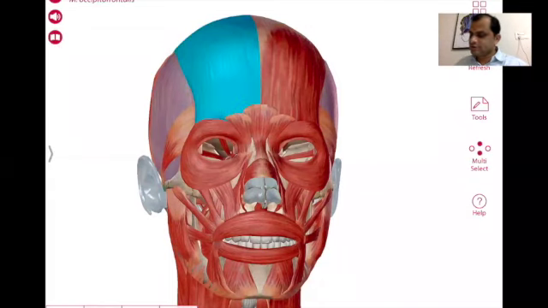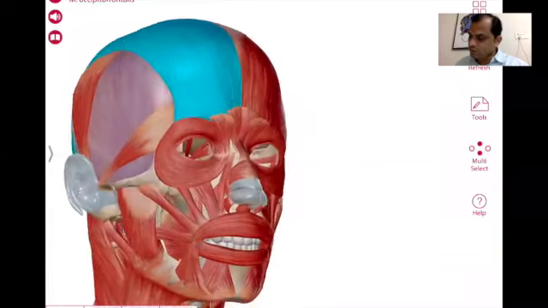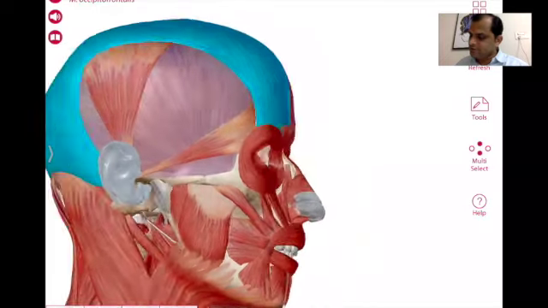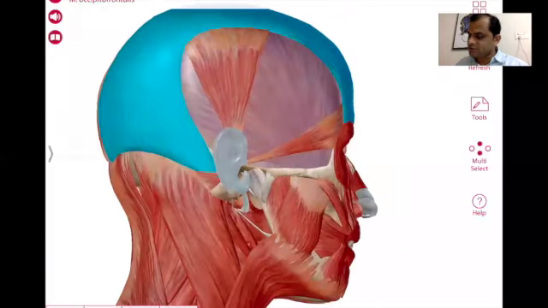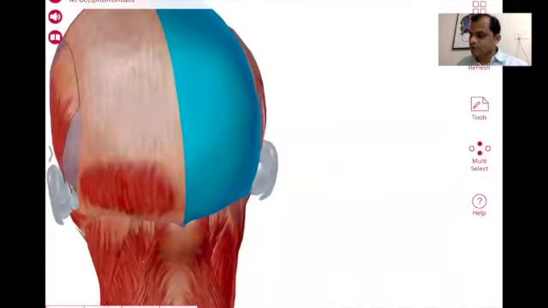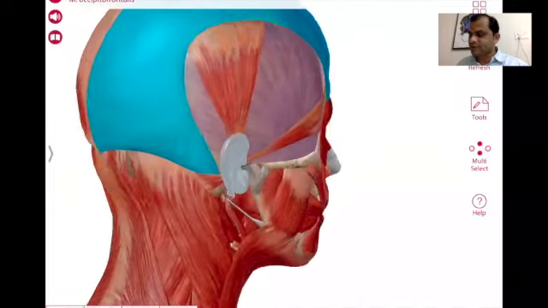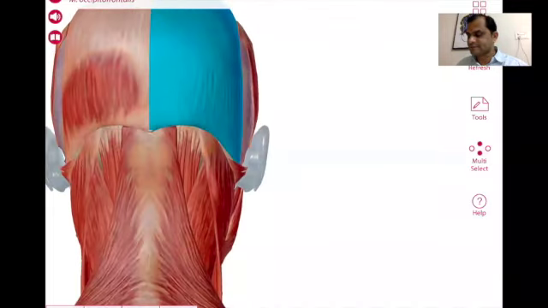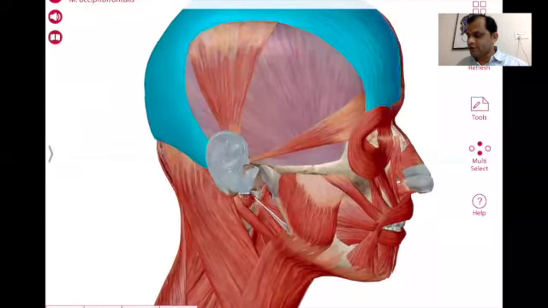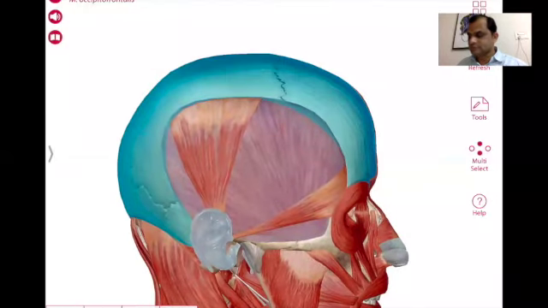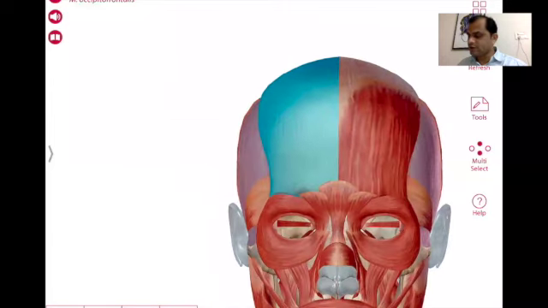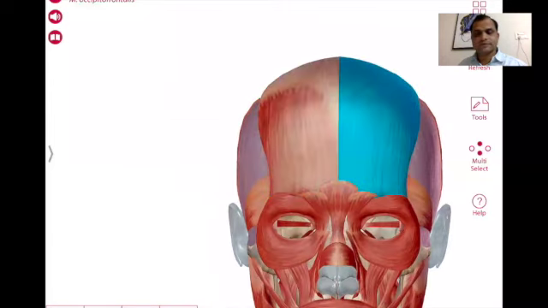So this is the frontalis muscle. This muscle is very long, going to the back side and meeting with the other muscle. The name of this muscle is occipitalis on the back side. So this is the continuity from front to back. On the front side, we call it frontalis muscle.